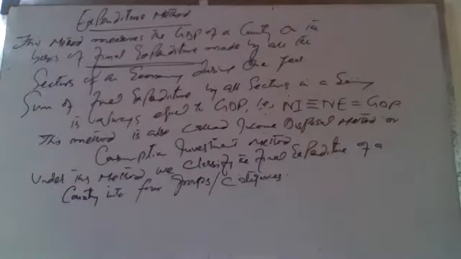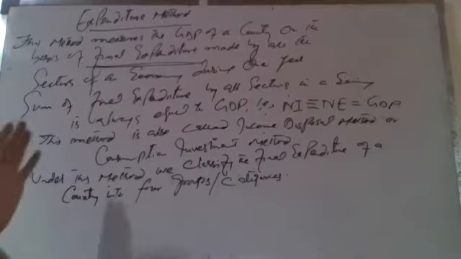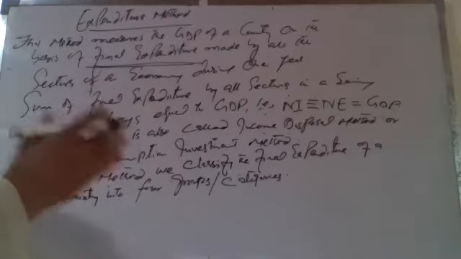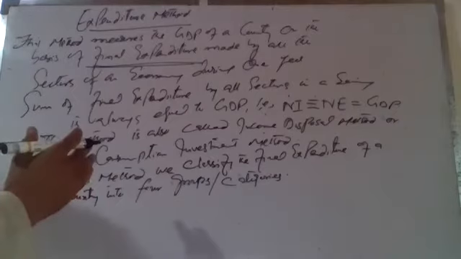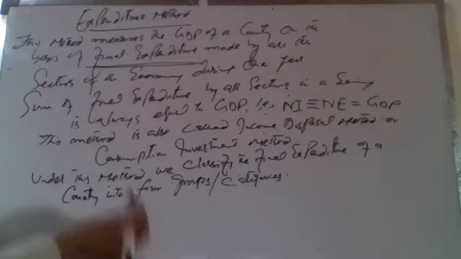So according to this method, we classify the whole expenditure of the country into 4 categories, 4 heads, 4 groups. When we add up these 4 final expenditures, we get the GDP. What are these?